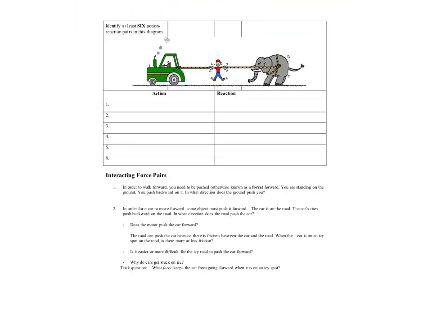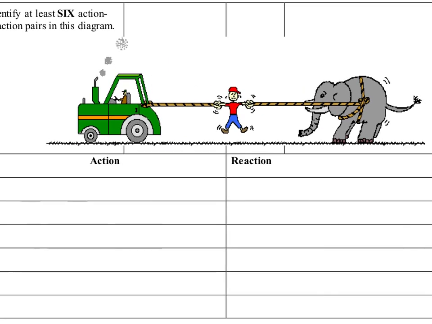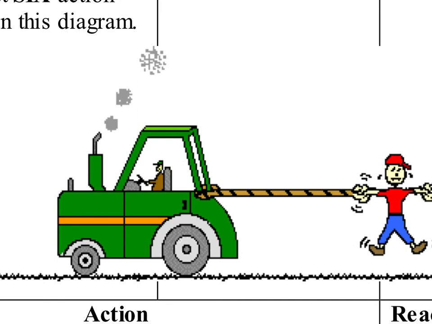When you go to the next page, this one has so many action-reaction pairs. There's way more than just 6. Now, question. When you're answering these, the tractor is pulling what to the left?